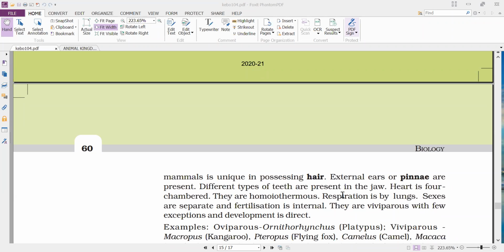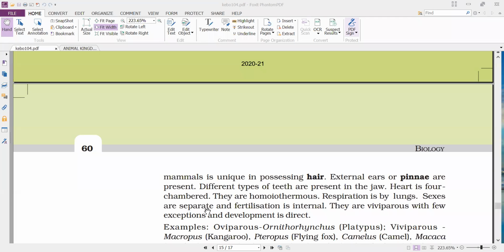When they want to respire, they come to the surface again. So the respiration is pulmonary only, through lungs, even if they are aquatic. Some organisms like whales and dolphins, which are mammals, still undergo pulmonary respiration only.